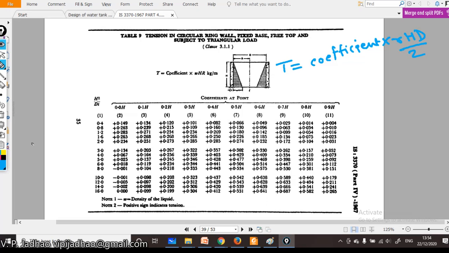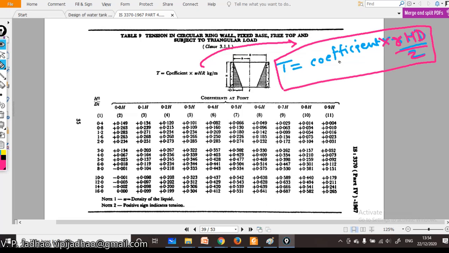So hoop tension is calculated by this formula: T is equal to coefficient multiplied by gamma HD by 2.